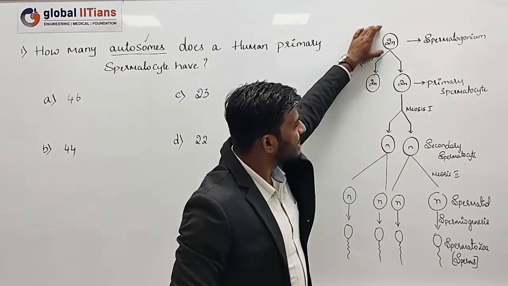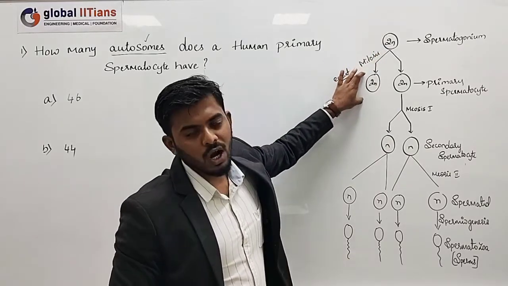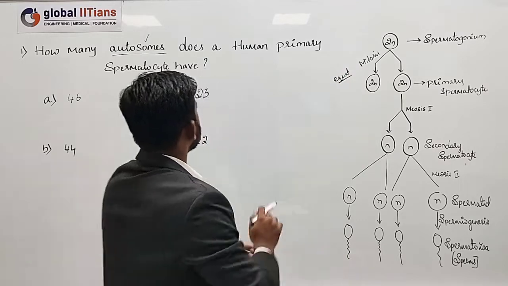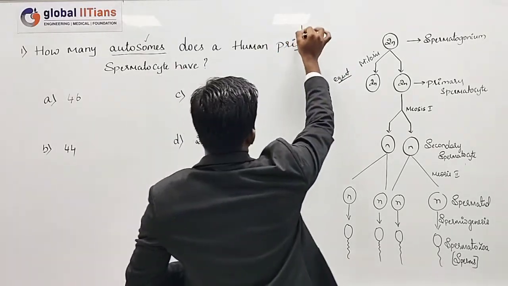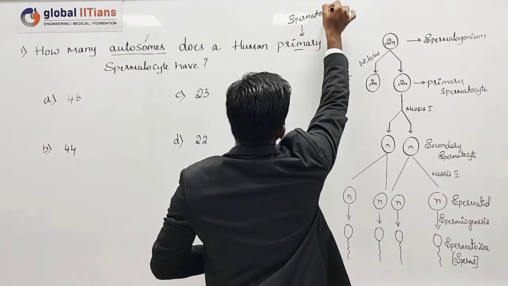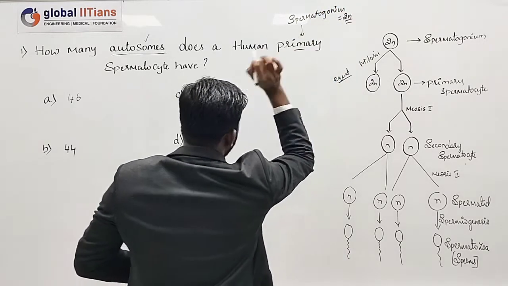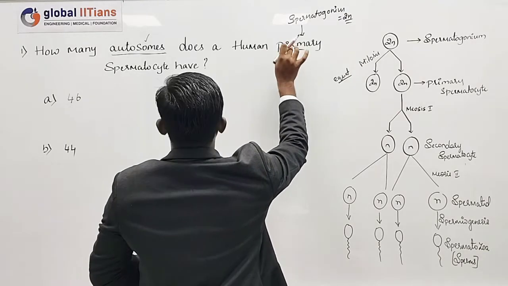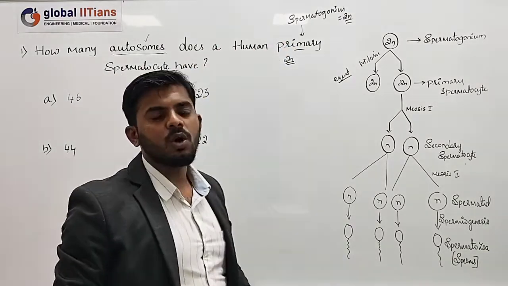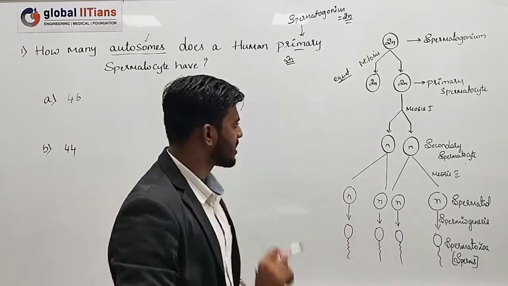The mother cell and the daughter cells have the same number of chromosomes. The spermatogonium has a diploid set of chromosomes, and definitely the primary spermatocyte also will have a diploid set of chromosomes. Okay, now one point is clear.